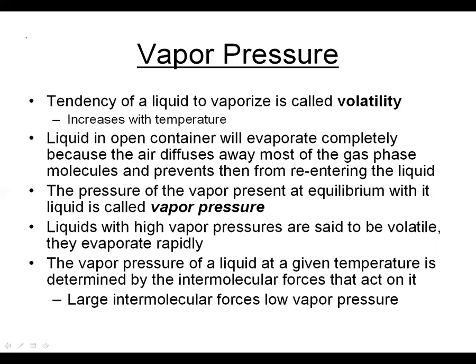If you have a volatile liquid, that means it can go into the gas phase relatively easily, so it's able to escape into the gas phase. You usually will use something volatile in a fume hood so you don't breathe that in. A lot of times they are flammable, so they don't catch on fire and stuff like that. I almost want to say it was part of that safety video we watched way back when.